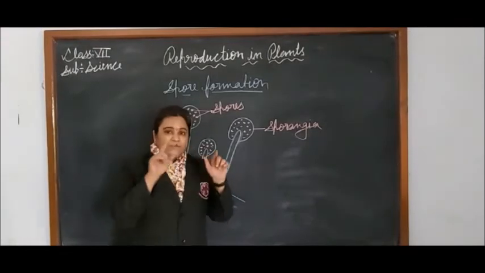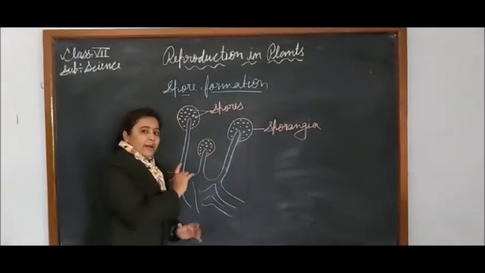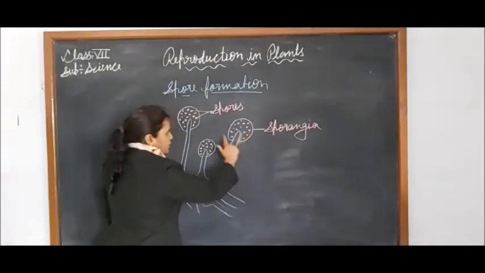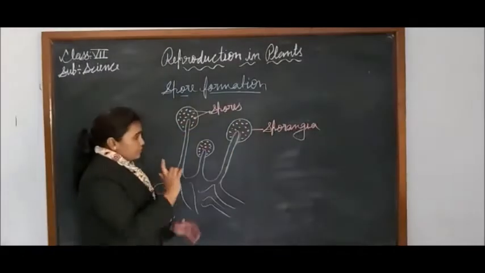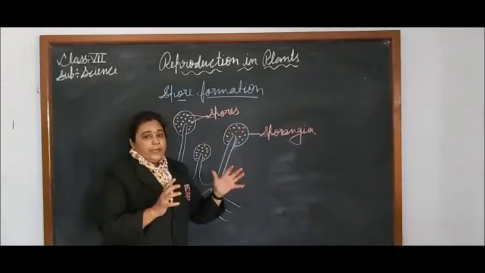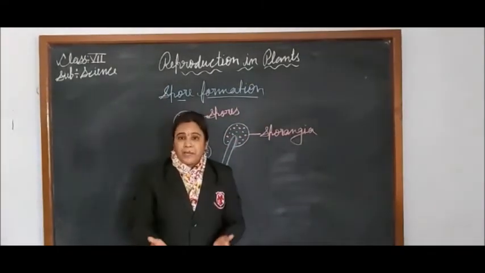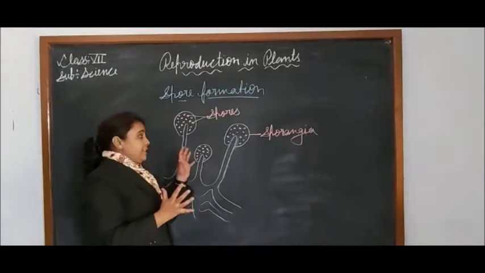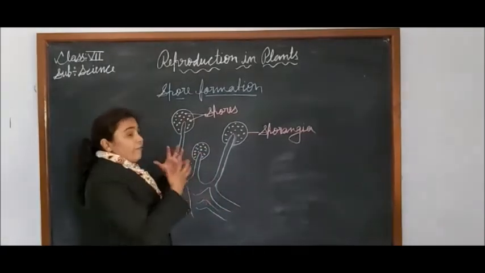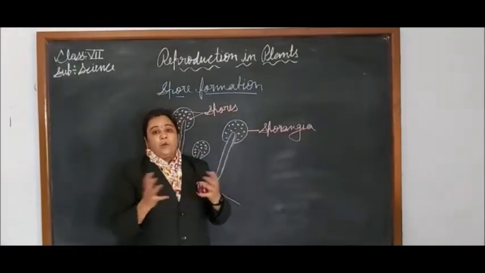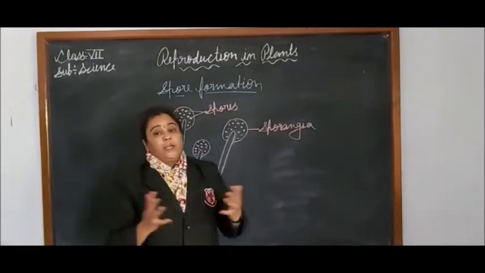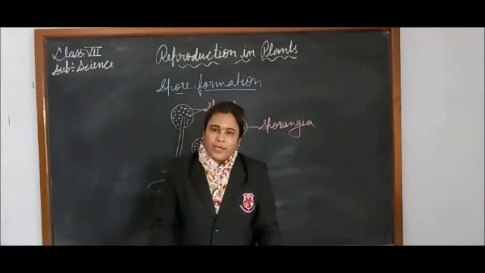These spores are spherical in shape and protected by a thick layer called the sporangium. This thick layer protects the spores in unfavorable conditions like high temperature and low humidity. When the spores get favorable conditions, the sporangium bursts open, and these spores multiply and grow into a new plant. Thank you. Have a nice day.